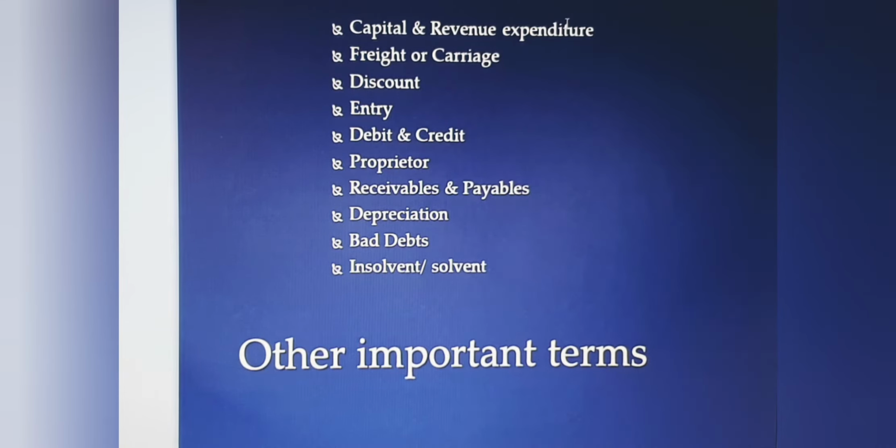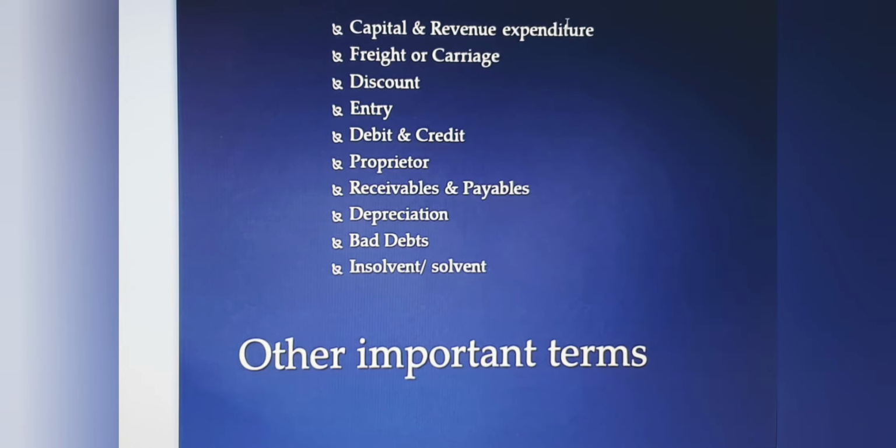We have to clearly distinguish between capital expenditure and revenue expenditure, because revenue expenditure is yearly and recurring, while assets are a one-time expenditure which will benefit for a number of years. So they are both different.